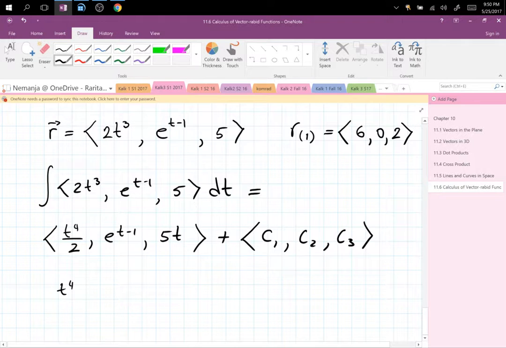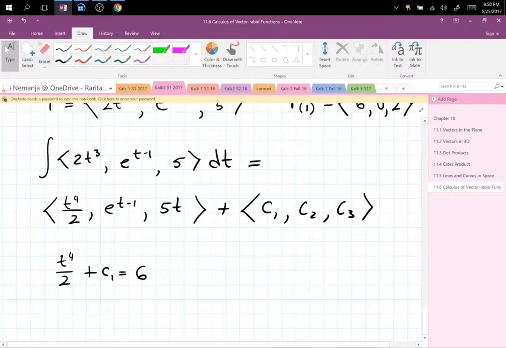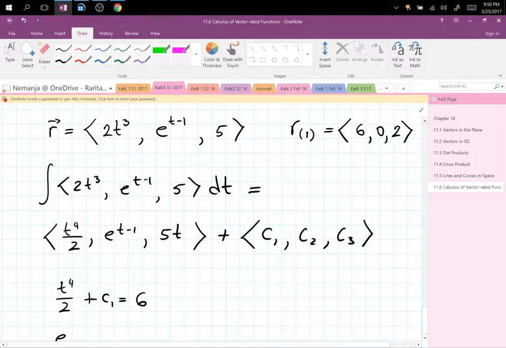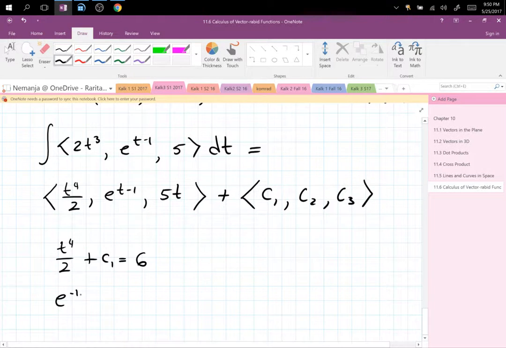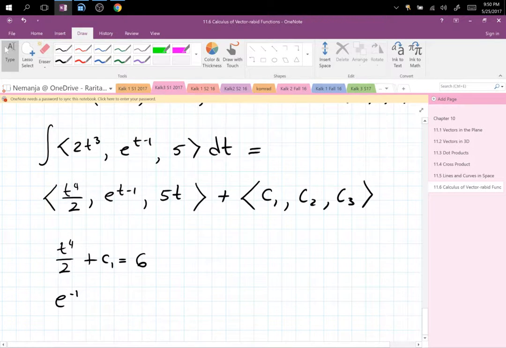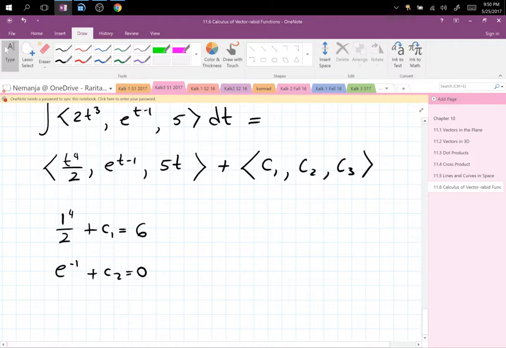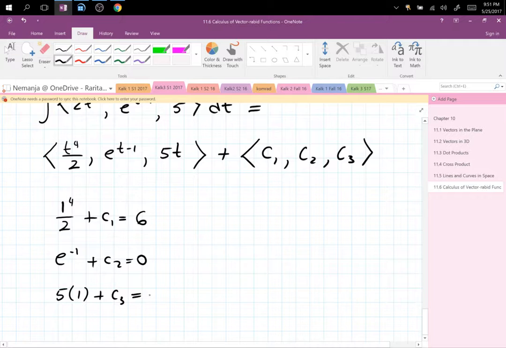I have t to the 4 over 2 plus c1 is equal to 6. Oh, sorry. I'm supposed to plug in 1 over here, 1 to the 4th, because t is 1. E to the 0 plus c2 is equal to 0. And the last one is 5 times 1 plus c3 is equal to 2.